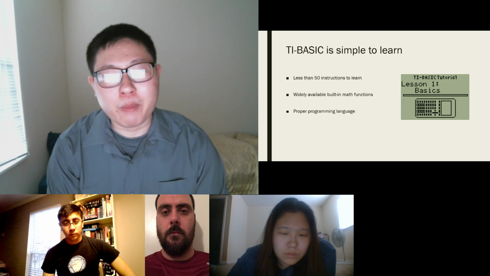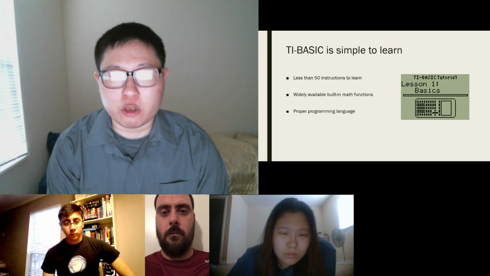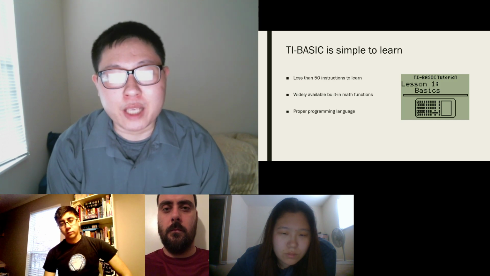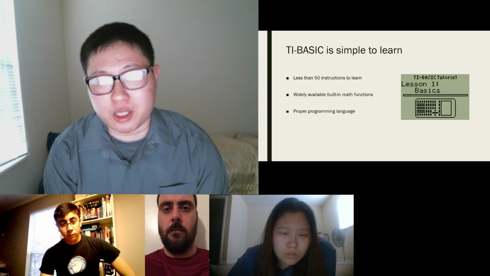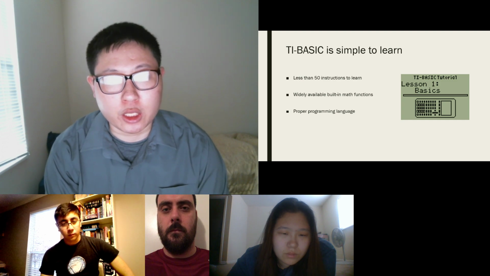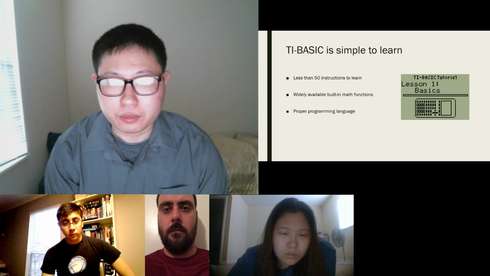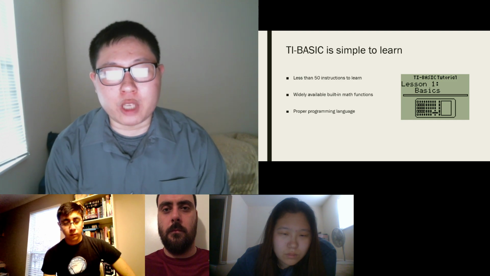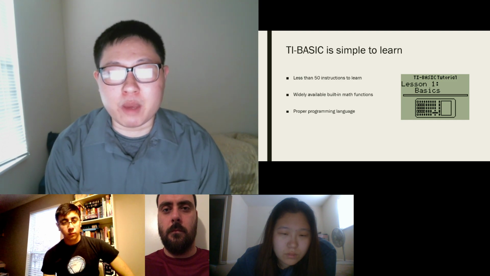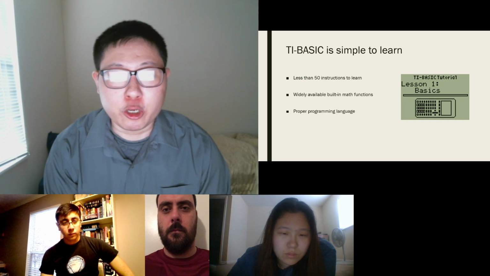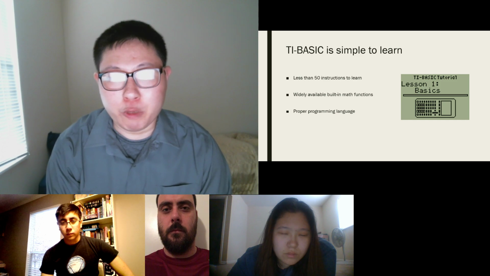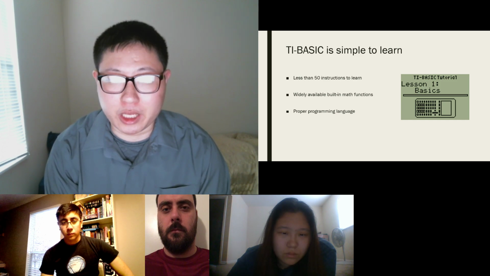So, what makes TI Basic an excellent introduction to programming? The major strength of TI Basic is that the language is incredibly simple while containing the basic concepts of general programming. One of the reasons why learning a programming language can be difficult is the immense amount of information that learners must take in without being able to properly recognize which information is needed for them in the first place.